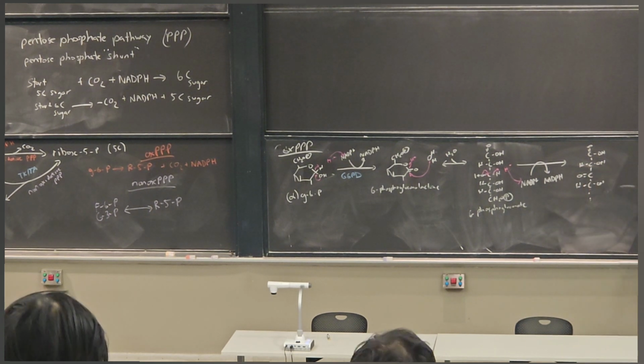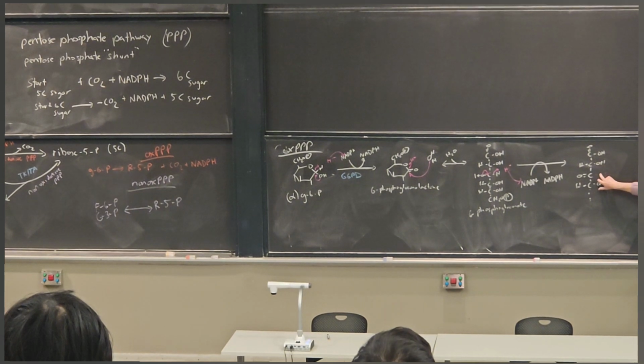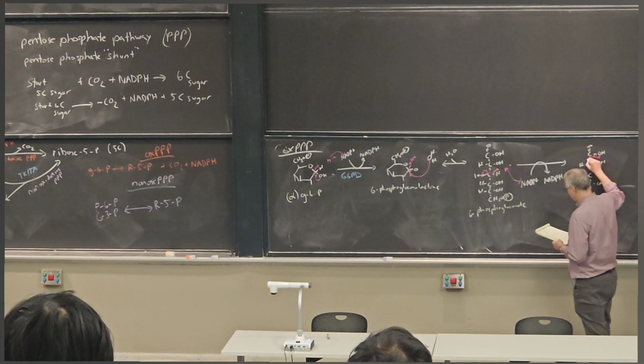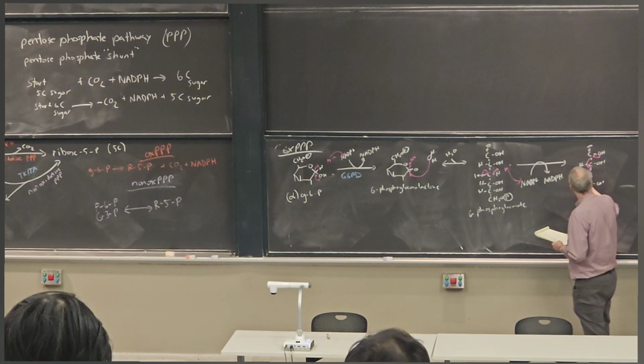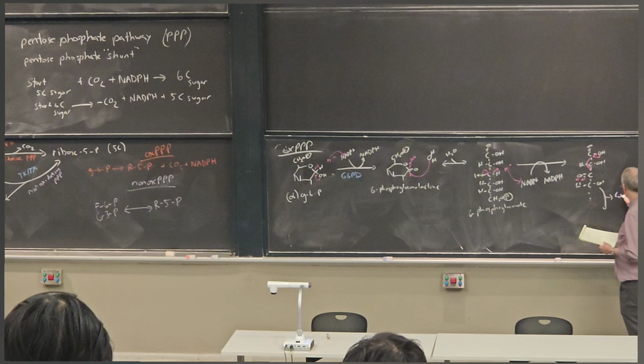For the sake of time, I'm not going to draw the whole thing out, but this is a beta keto acid: the acid is beta to this ketone group. We've seen this a million times. This is favorable for decarboxylation, so now I lose my CO2.